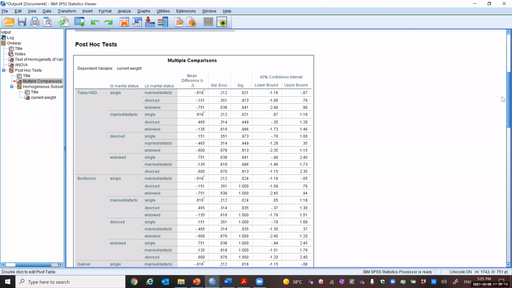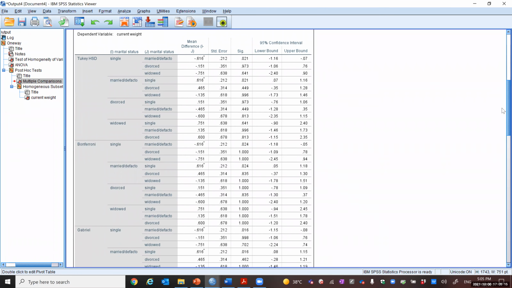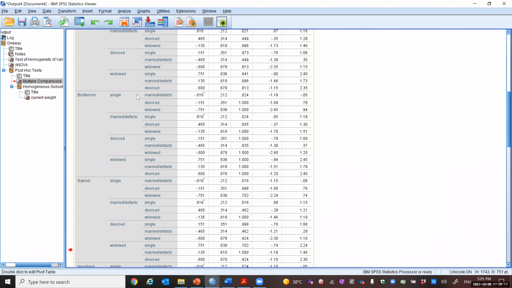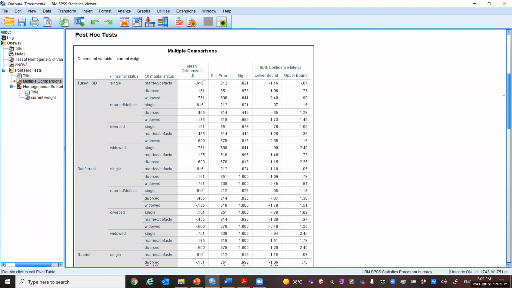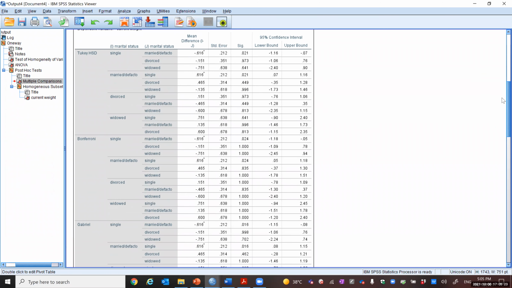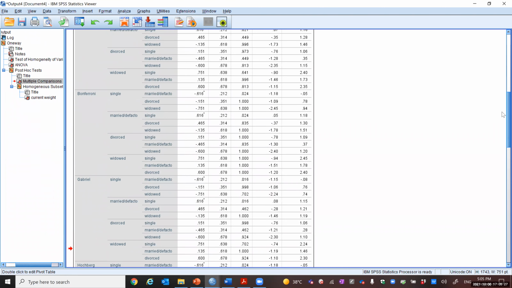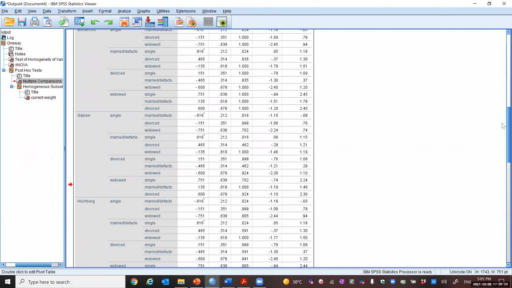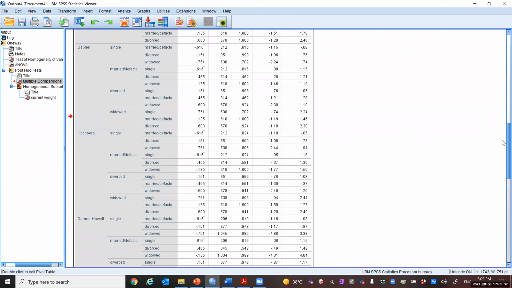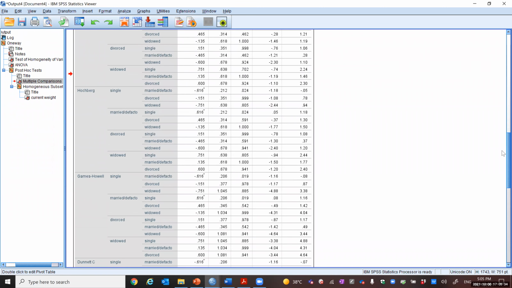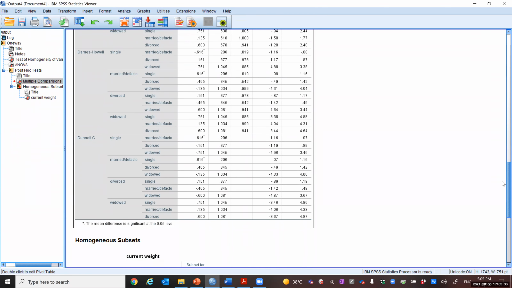But there's no harm in getting all of those, and then you can report just one of them. If you look, more or less all the tests are pointing in the same direction. Tukey is giving us the same result. Bonferroni is the same. Gabriel is the same. Hochberg is the same. Games-Howell is the same. Dunnett C is the same.